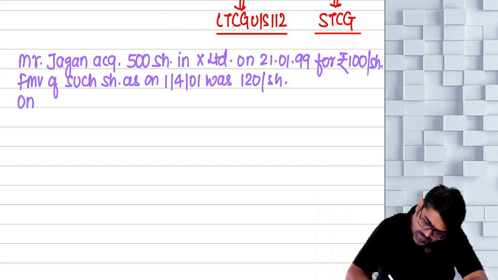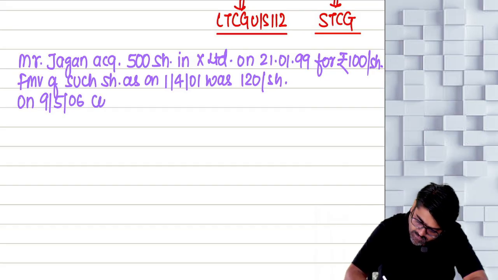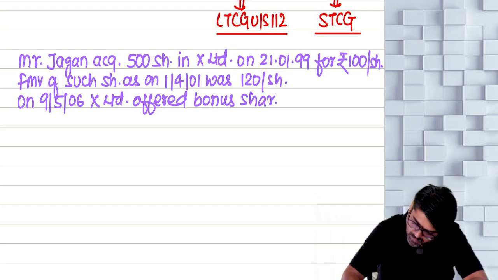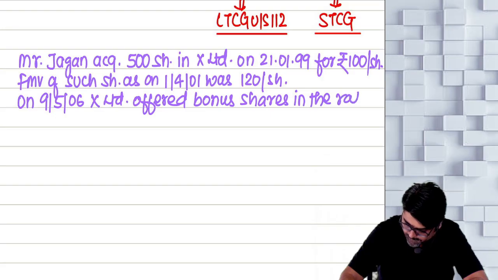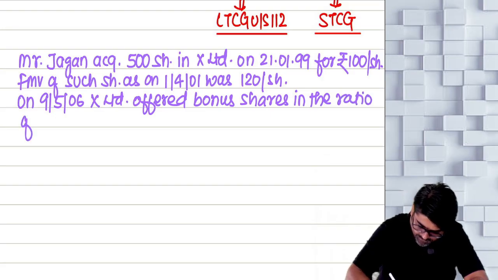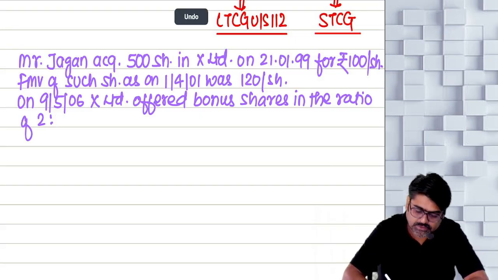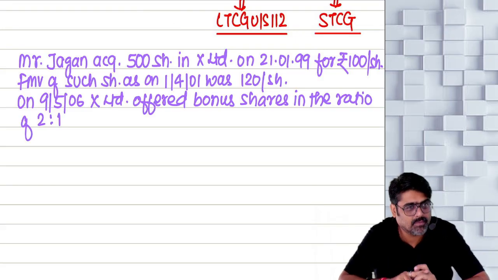Now, on 9th May 2006, X Limited offered bonus shares in the ratio of 2:1. 2:1 means how many bonus shares will he get?